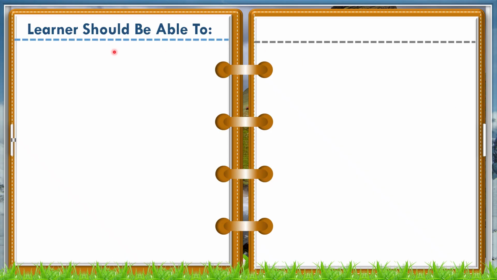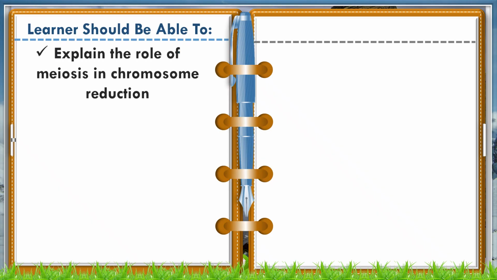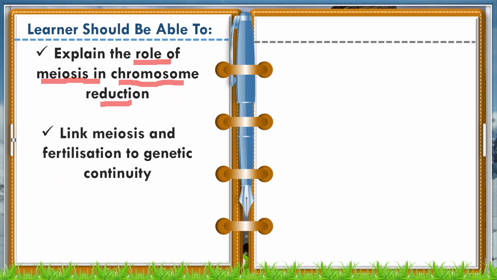So the learners by this time should be able to explain the role of meiosis in chromosome reduction. You should be able to link meiosis and fertilization to genetic continuity.